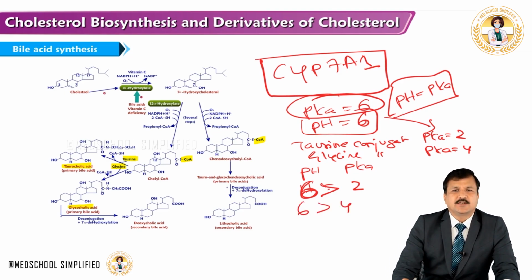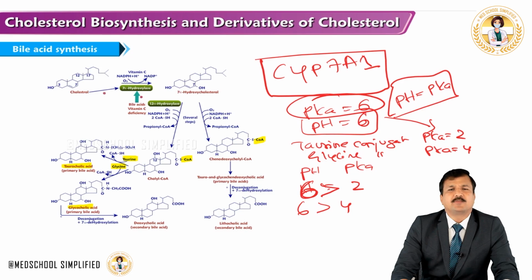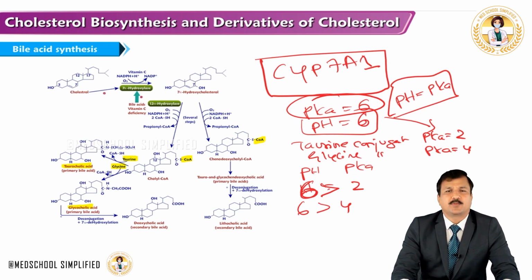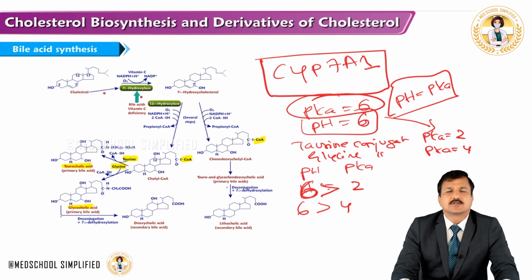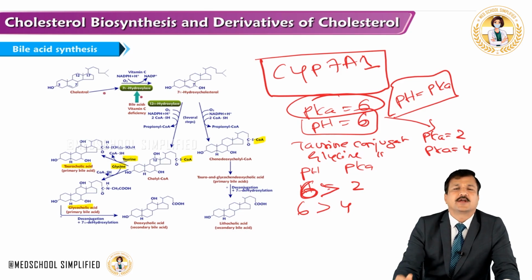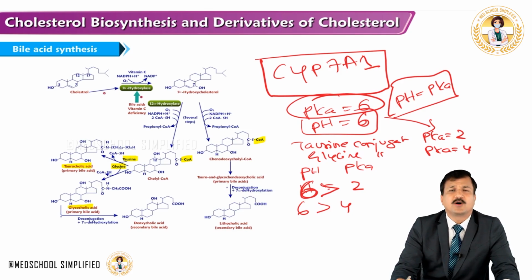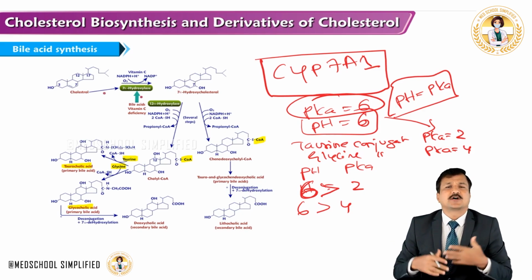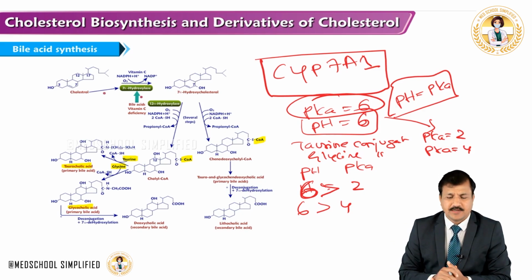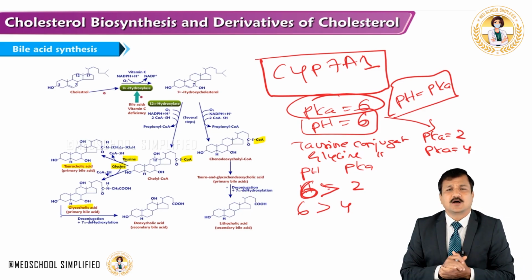Alright, with the glycine conjugation, the pKa will be 4 and pH is 6 again, so there will be more deprotonation. So the point here is, by decreasing the pKa, a molecule is predominantly undergoing deprotonation whenever it gets into the intestine, and the deprotonated form of bile acids are more efficient forms of bile acids because they will have higher detergent activity, and that's the point in a conjugation process.